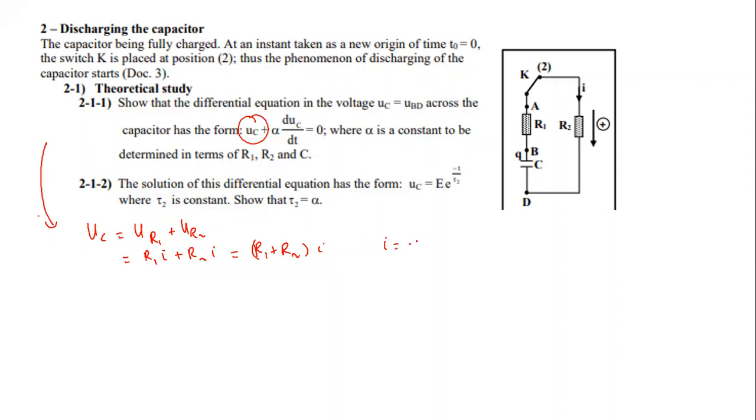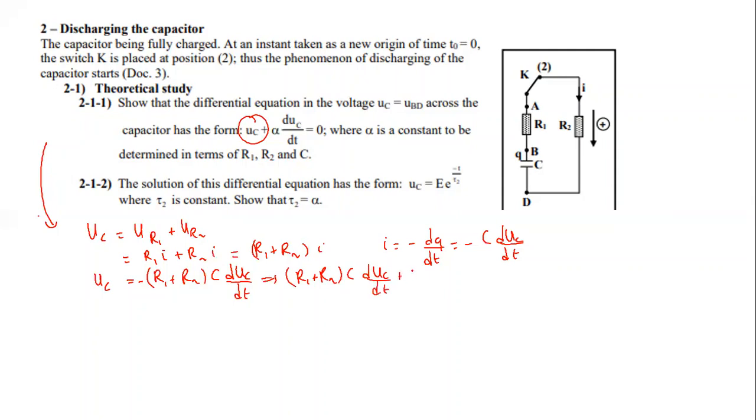But we know that I is equal to minus dq over dt in the case of discharging, which means equal minus C duc over dt. And then we substitute, so we'll get UC equals R1 plus R2 bracket minus C duc by dt. So this means that I have R1 plus R2 times C duc by dt, plus UC is equal to 0.